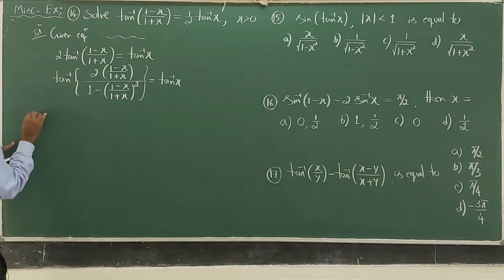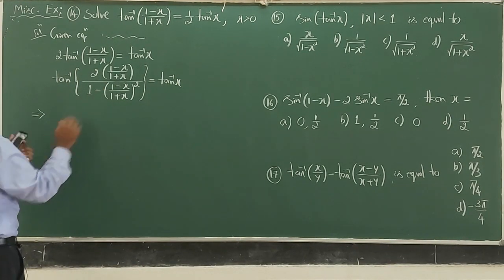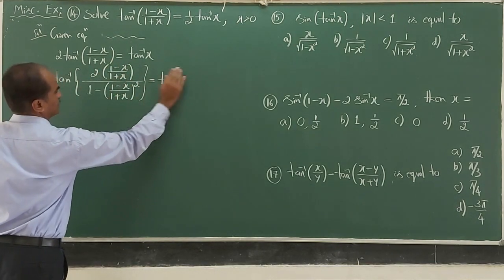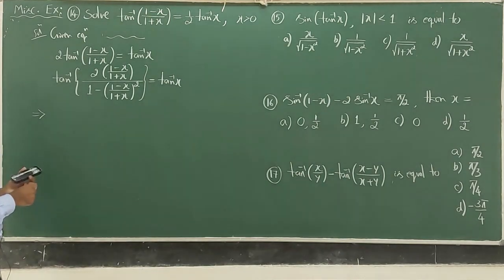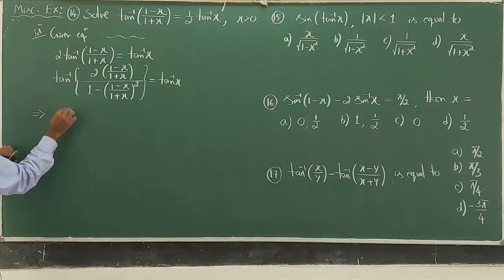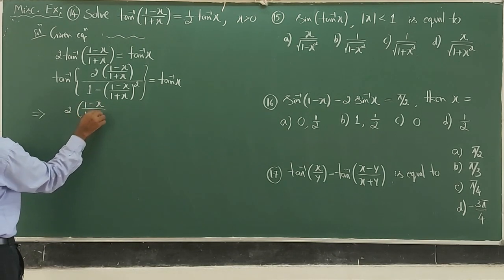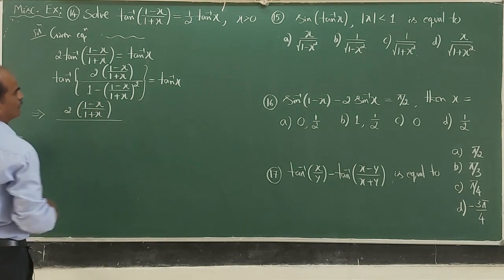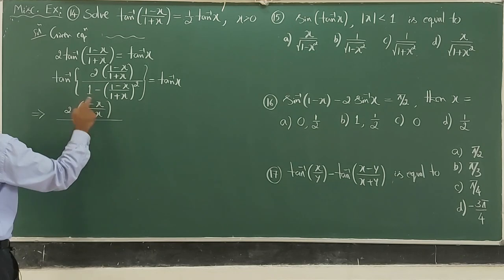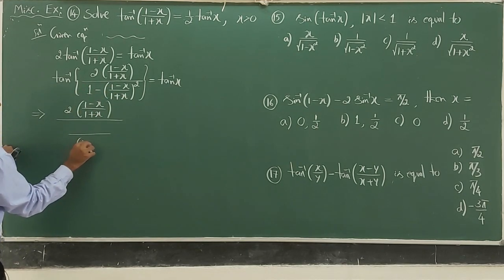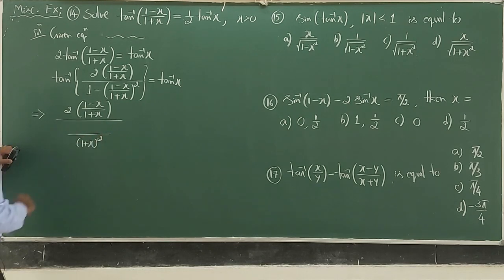Now definitely I can equate. You treat this whole expression as A, this as B. Tan inverse A equal to tan inverse B implies A equal to B. That is 2 times (1 minus x by 1 plus x) divided by, while writing the denominator I take LCM. LCM is 1 plus x whole square.